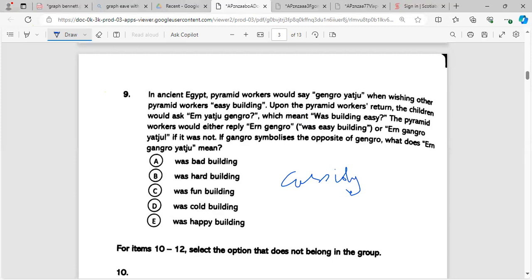Upon the pyramid workers' return, the children would ask Emiato Django, which meant was building easy. The pyramid workers would reply either, general. Alright, easy building.